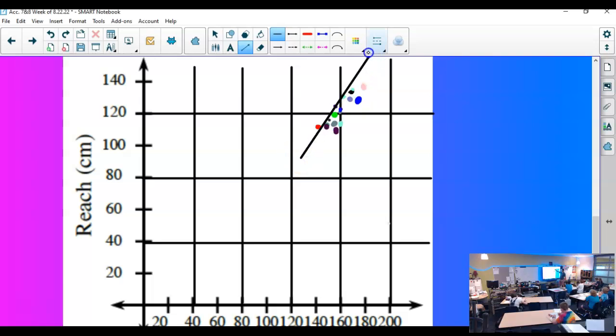So by linearly, you mean I should be able to draw a line and describe the behavior? Yeah. What would we assume about the reach of a person with a very short height? It would also be very short, probably.